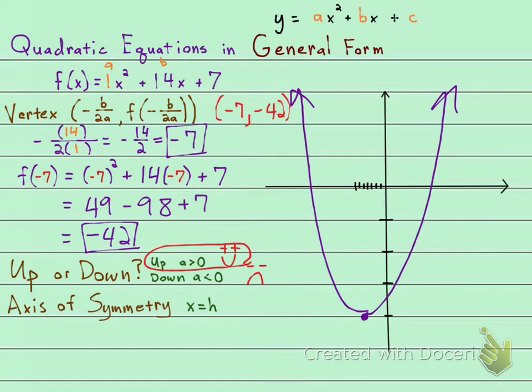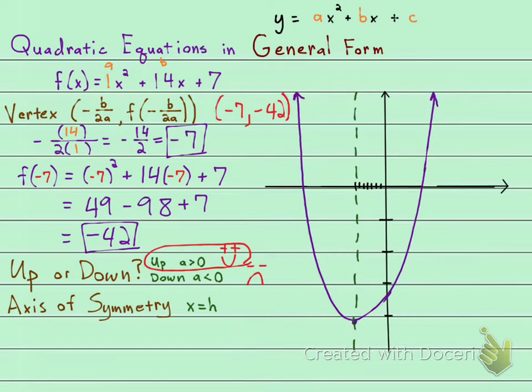Let's identify the axis of symmetry. Axis of symmetry cuts this parabola straight down the middle, mirror image. All right, I made some adjustments. Let's assume I'm really good at drawing. And that's a vertical line.